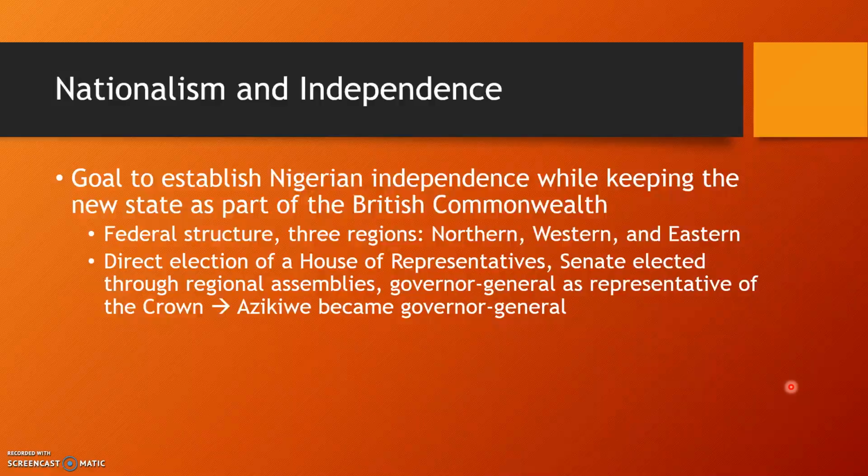And out of those local assemblies, you would elect your senators. So senators aren't directly elected. You would elect the assembly, and then the assembly would elect the senator. It's sort of how we did things here in the US until we changed the amendment and allowed for the direct election of senators.